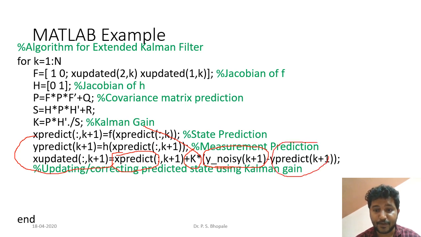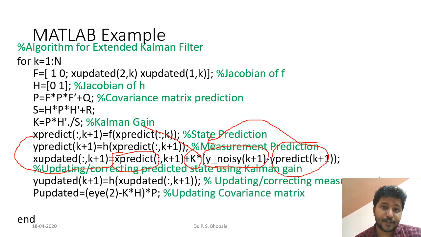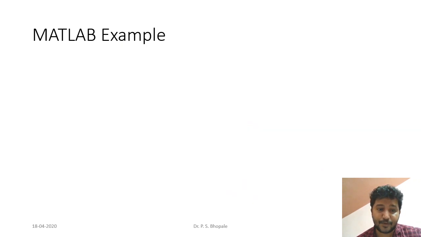So the error between the noisy measurement and the predicted value is multiplied with the Kalman gain, and the predicted values of the states are updated. Similarly, the measurement values are updated. And the P matrix, which initially was a diagonal matrix of 2 dimensions in this example, will be updated using the Kalman gain k and the innovation matrix, and the updated matrix is again stored in P.